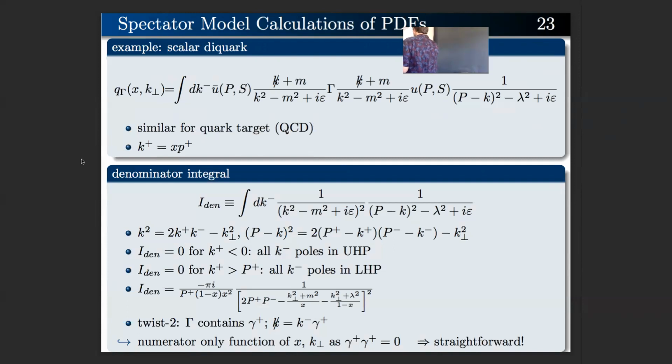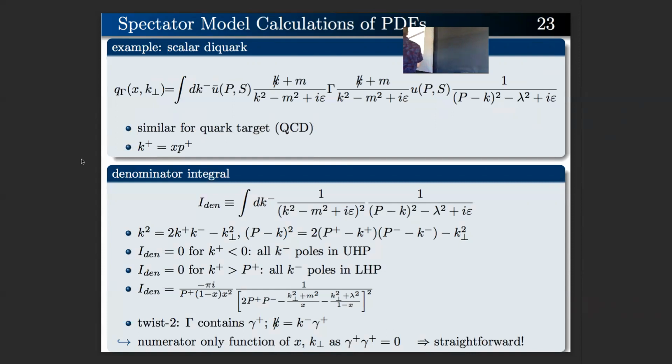If you're only looking at the denominators, it's a great exercise in math methods, picking up the pole, etc. It doesn't matter whether you close in the upper half plane or lower half plane, except in one case you have a double pole, so you have to be slightly more careful. And when you do this integral, that's what you get, okay?